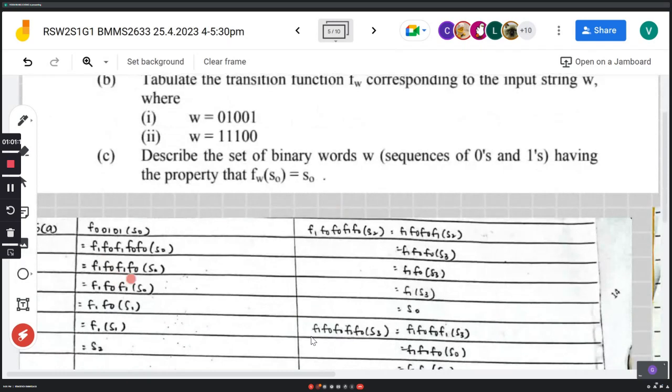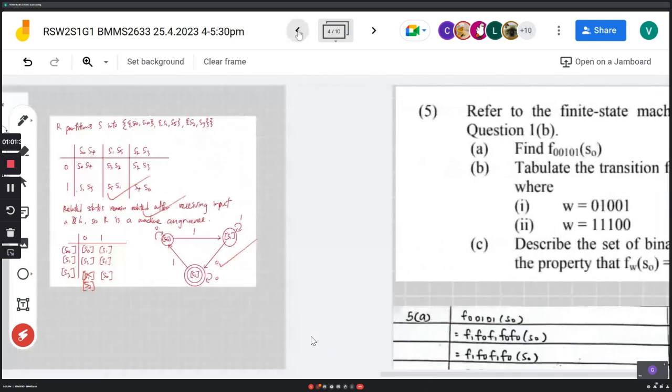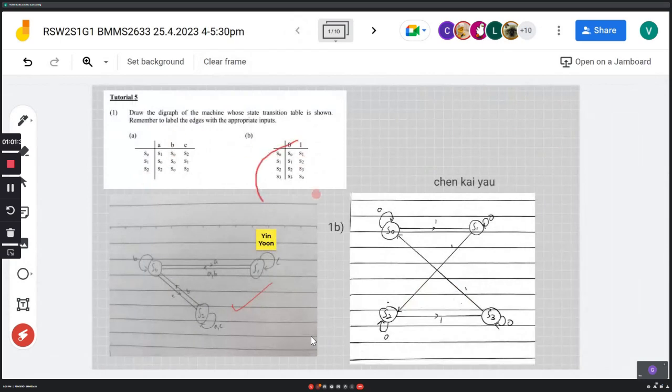And this one, after the input 0, S0, what happened? This one we will refer back to our question 1b. You look at the table, 1b. Look at this table. Okay. S0 after the input 0, what happened? It remains at S0, right? So here S0.